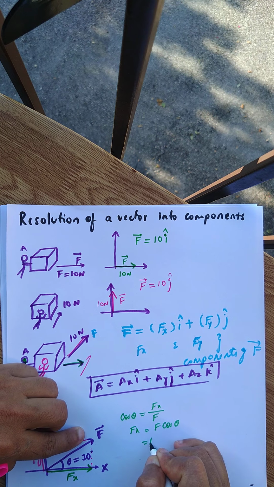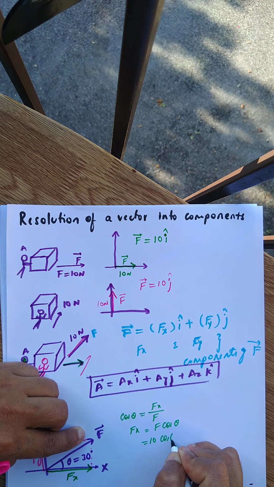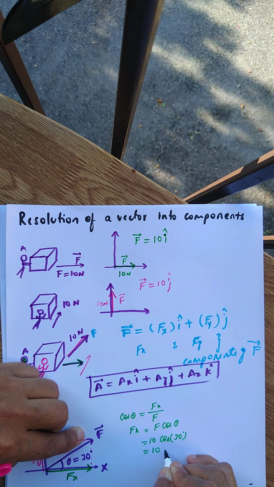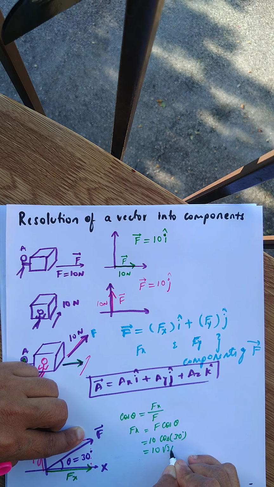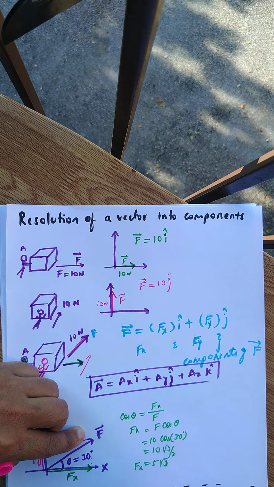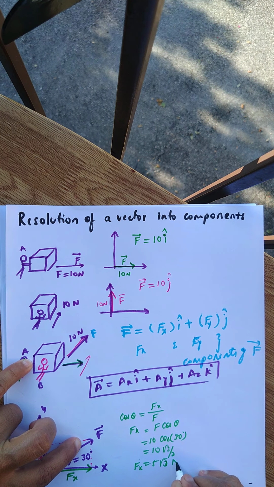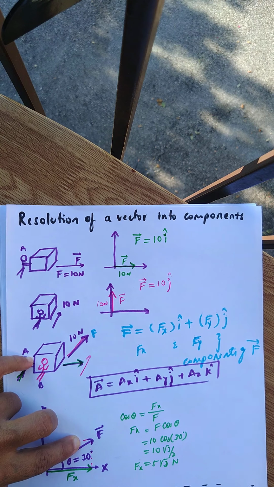So F is 10 Newton, cos 30 is root 3 by 2. This is 5 root 3. See, now I know the contribution of person A along the x direction is 5 root 3 Newton.